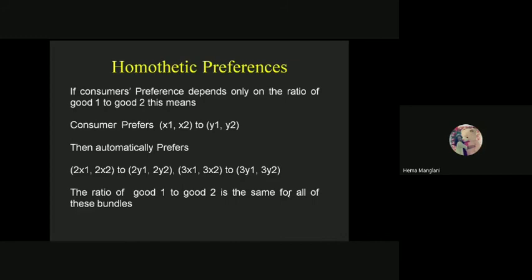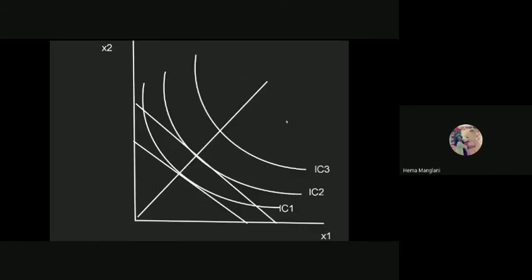The ratio of good 1 to good 2 is the same for all of these bundles. So our homothetic preferences would look like this. Here we have x1, x2, that you can even call the 45-degree line too. Here we have a budget line, and here also a budget line, a parallel budget line, since there is no change in the prices.